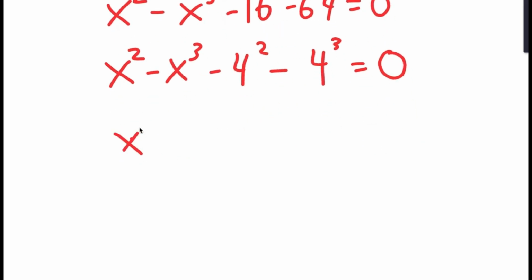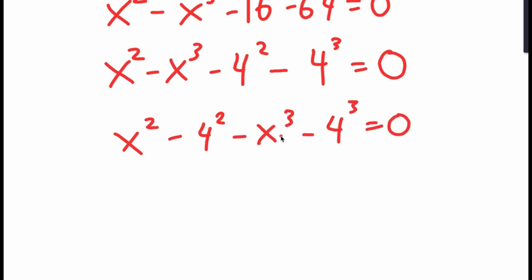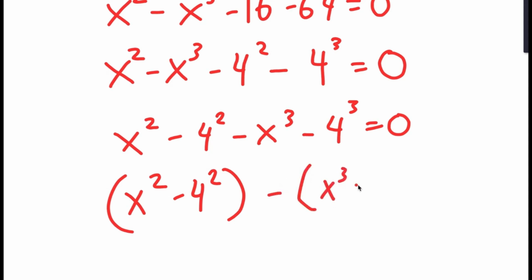I'm going to group x squared with negative 4 squared and x to the power of 3 with negative 4 to the power of 3. So now there are two properties that I'm going to use. Before that, I'm going to write this as x squared minus 4 squared, and I'm going to group this minus x to the power of 3 plus 4 to the power of 3. We put this plus because this negative sign distributes.